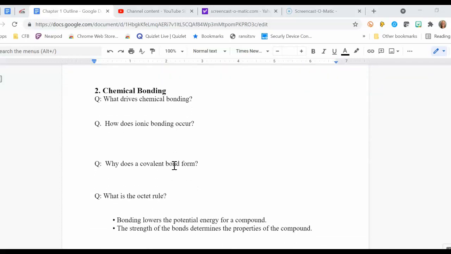What about chemical bonding? We need to talk a little bit about what drives chemical bonding. Basically, it is energy that drives chemical bonding.